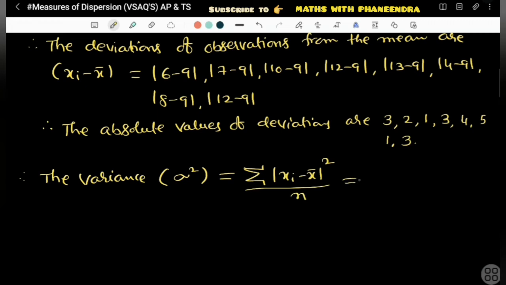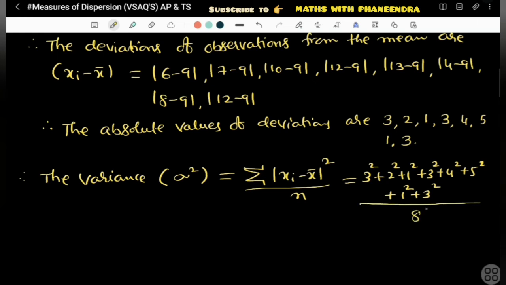This is the formula for variance. So that means the sum of the squares of the above absolute values, you can write it as 3 square plus 2 square plus 1 square plus 3 square plus 4 square plus 5 square plus 1 square plus 3 square divided by 8.